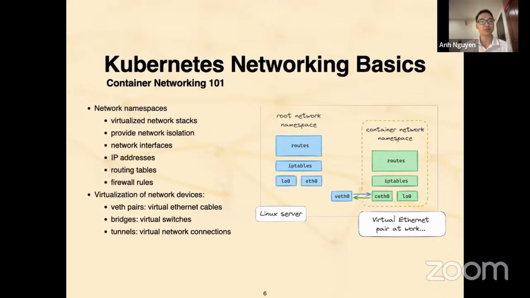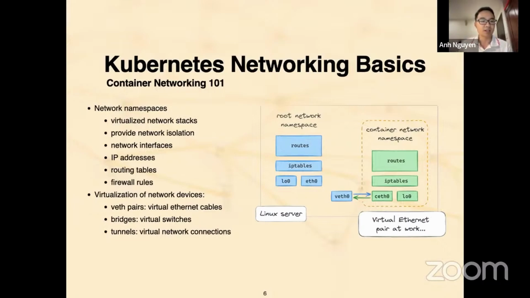Second is virtual network devices. Network devices in Linux can be virtualized using technologies such as veth pairs, bridges, and tunnels. In a nutshell, veth pairs, or virtual Ethernet pairs, are like virtual Ethernet cables used to connect network namespaces to each other or to the host network stack.